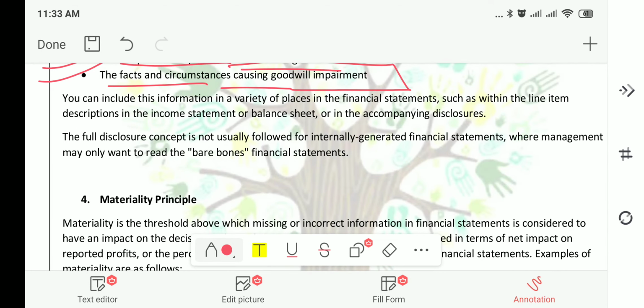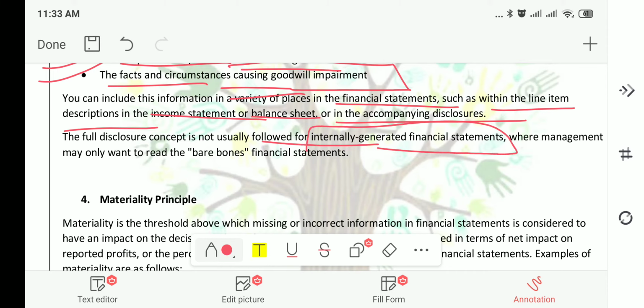You can include this information in a variety of places in the financial statements, such as within line item descriptions, in the income statement or balance sheet, or in the accompanying disclosures. The full disclosure concept is not usually followed for internally generated financial statements where management may only want to read the bare bones financial statements.